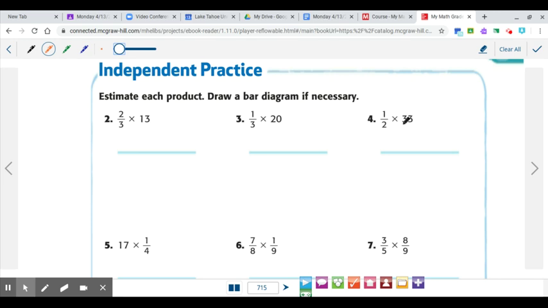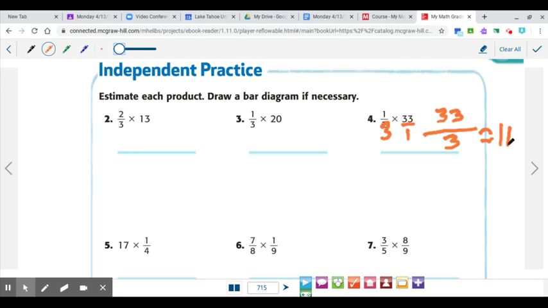So if I know, again, that this has a 1 underneath it, what if I just didn't change this 33, but instead, I chose to change the 2 into a 3. So 1 times 33 is 33. And 3 times 1 is 3. That would give you an answer of about 11.